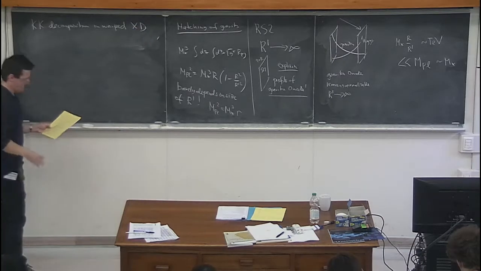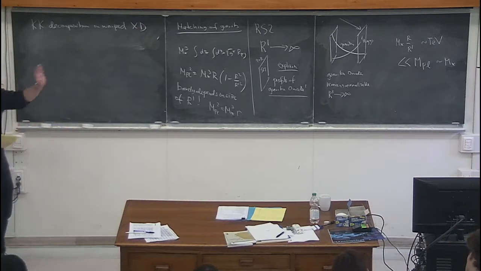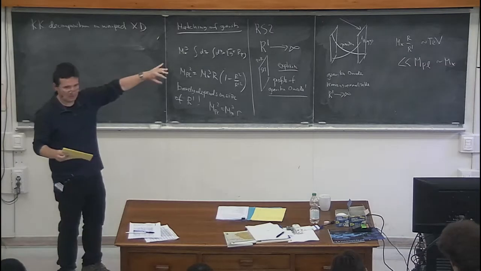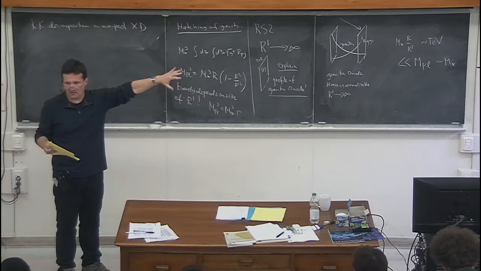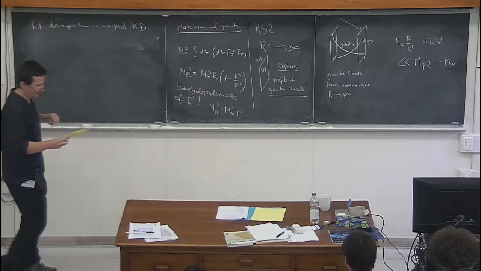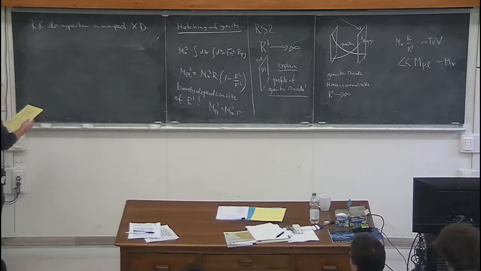Well, we have to do it exactly. So now I'm going to add the scalar into the bulk. I'm going to start moving away from the story where the Higgs is just stuck on the IR brane, and add a scalar into the bulk of the extra dimension.